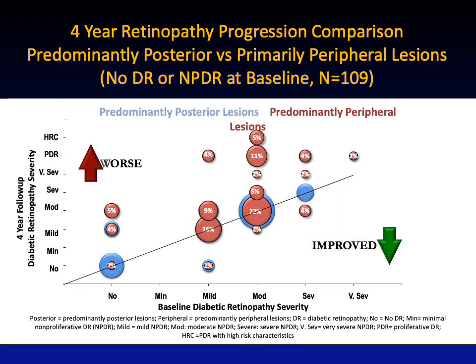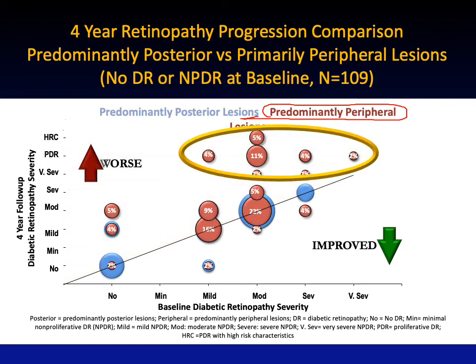But when we look at the group of eyes with the predominantly peripheral lesions, which are highlighted here in red, significantly more eyes showed worsening, and a much larger percentage of eyes progressed to PDR compared to the predominantly posterior lesions.